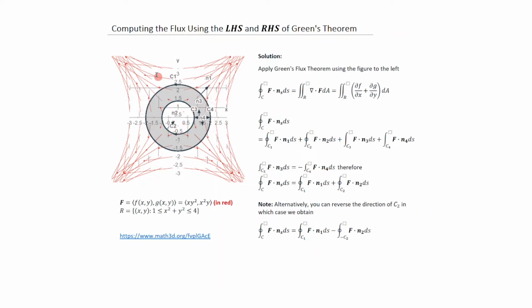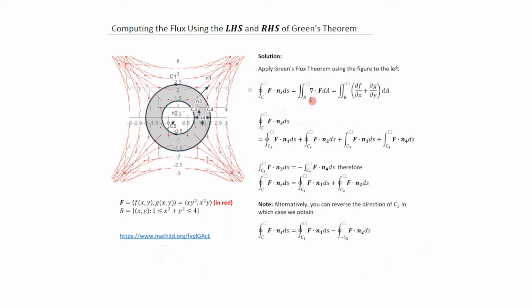And this in red is the vector field. If you want to look at it, it's accessible at the URL shown here. All right, so we're going to apply Green's flux theorem using the figure to the left. On the left side, it's a closed contour integral of F dot n ds.